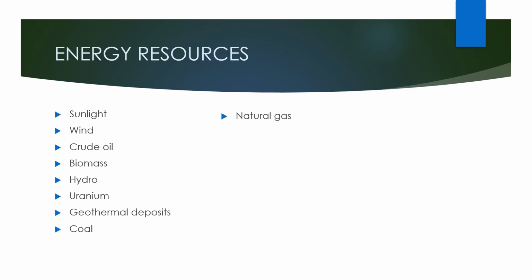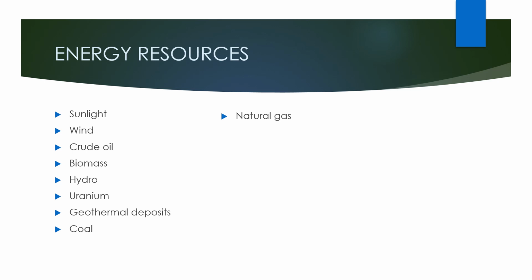Examples of energy resources are natural gas, coal, geothermal deposits, uranium, hydro, sunlight, wind, crude oil, biomass, etc. And these energy resources are used in producing energy commodities. And energy commodities are used to provide energy services in order to perform human activities.